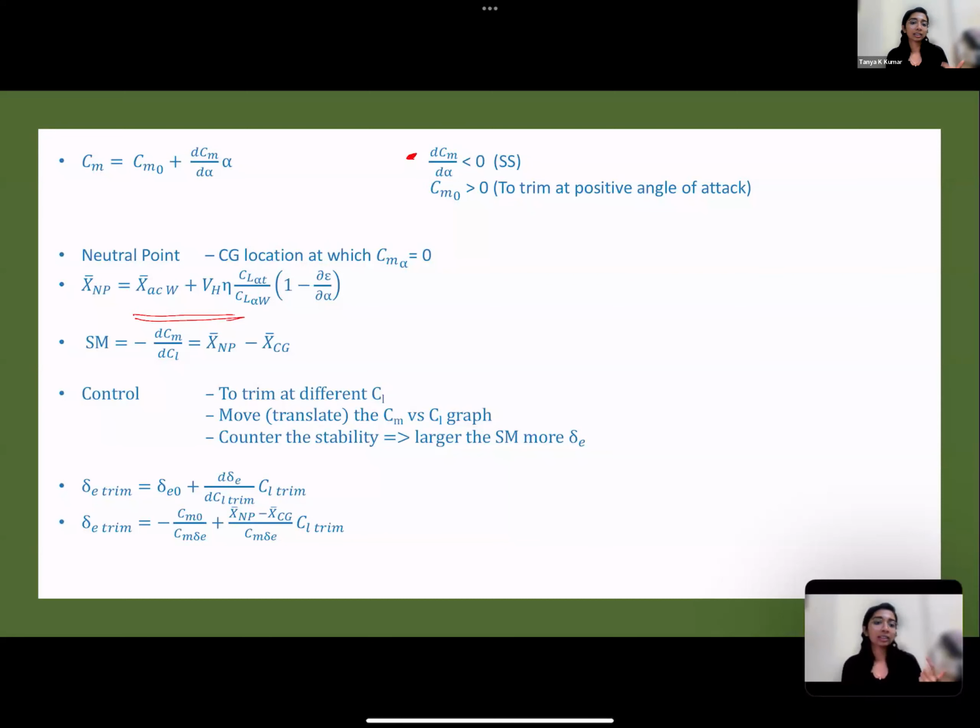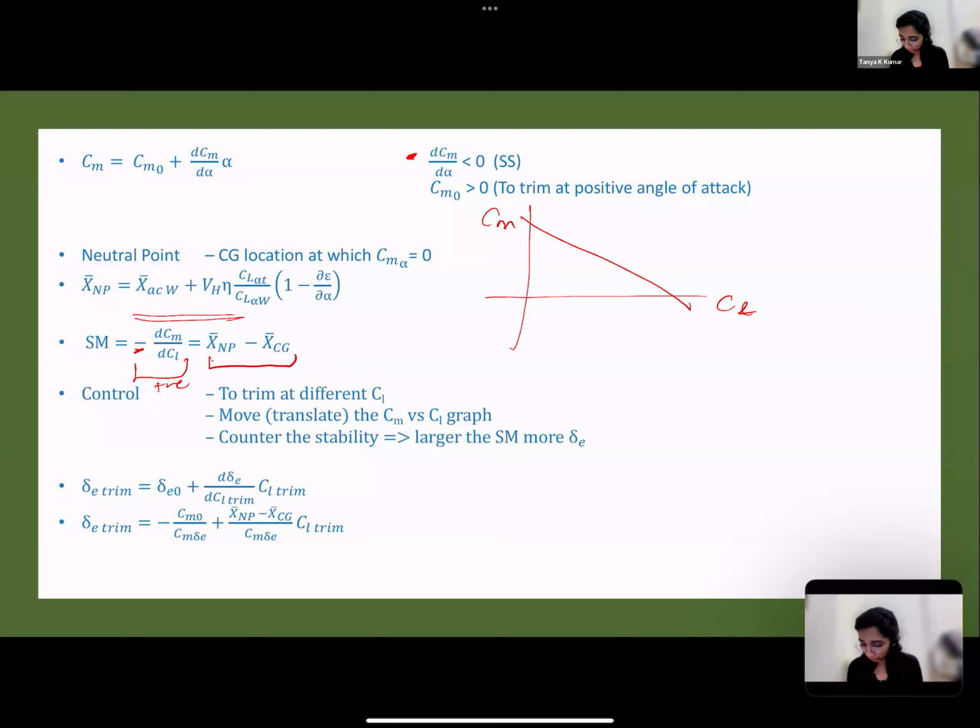The equation for static margin is the negative of the slope dCm upon dCl. The slope of Cm versus Cl is negative for a stable aircraft. So because of this negative sign, you have this term to be positive for a stable aircraft.